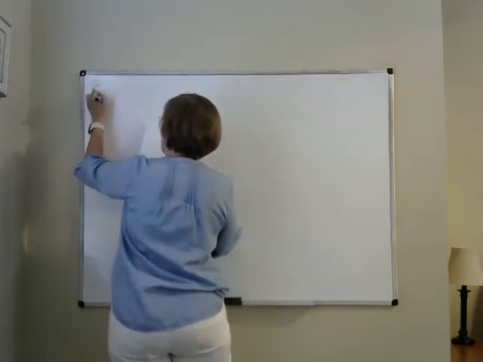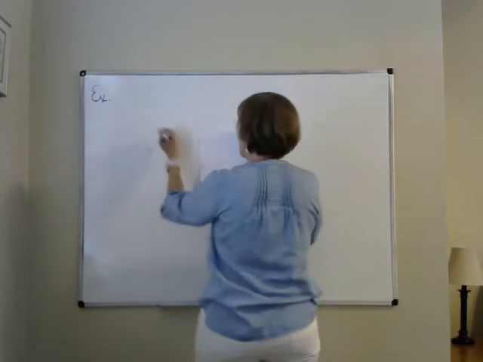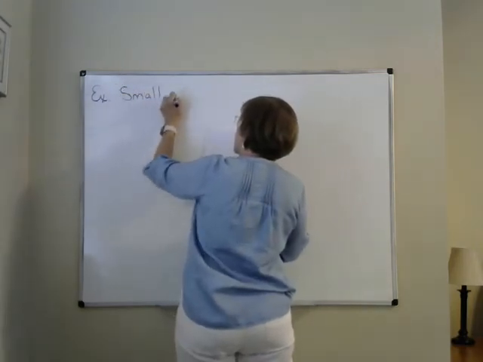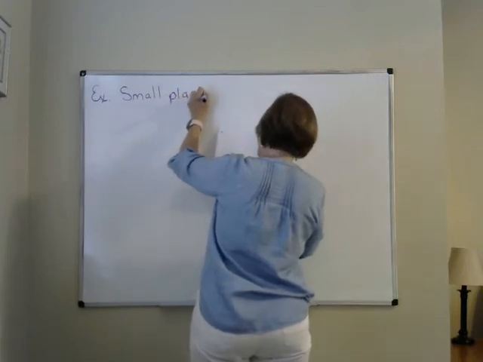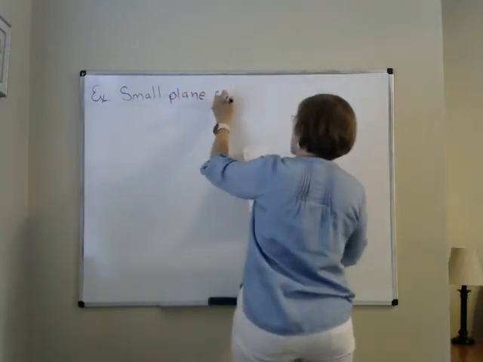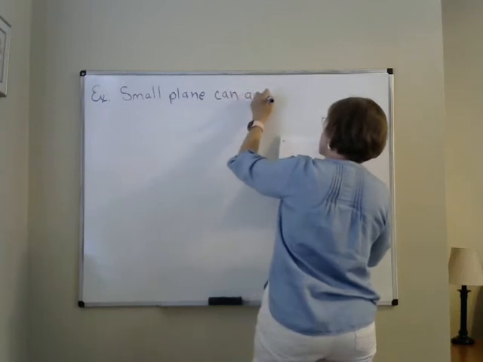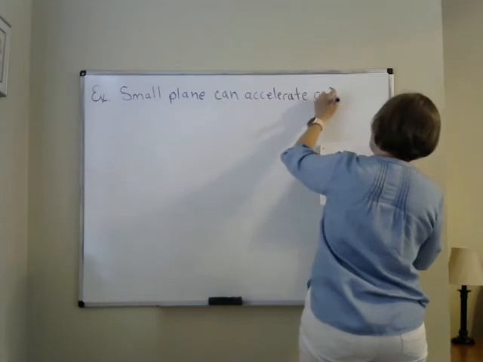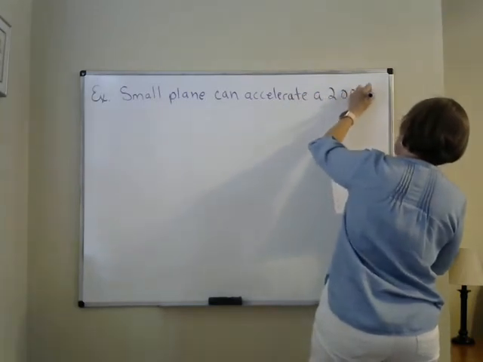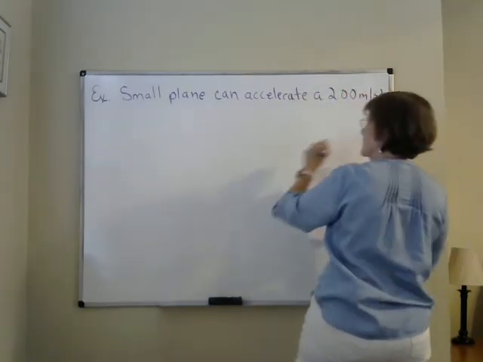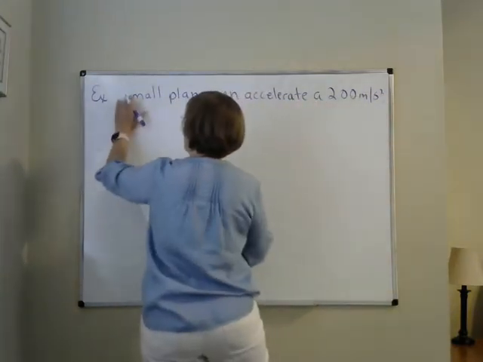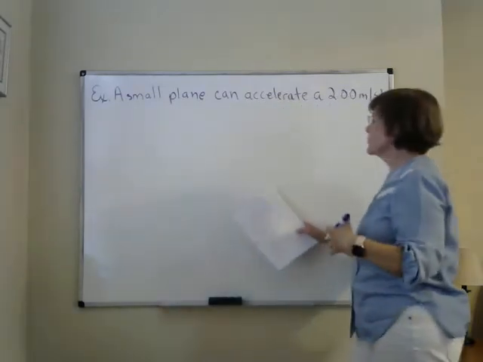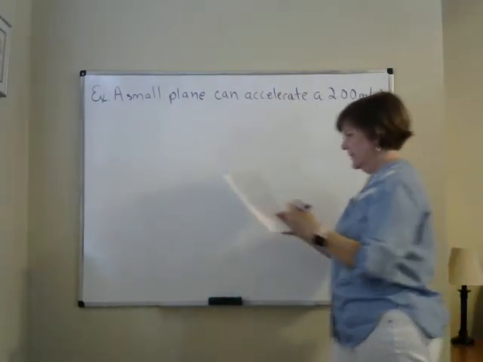So here's our example. Suppose we have a small plane, talking about an airplane, that can accelerate at 2 meters per second squared.